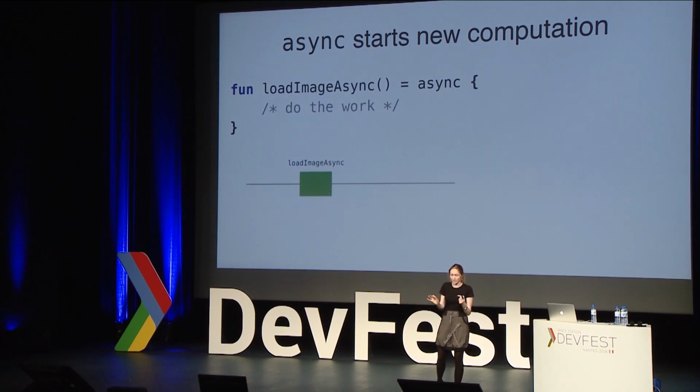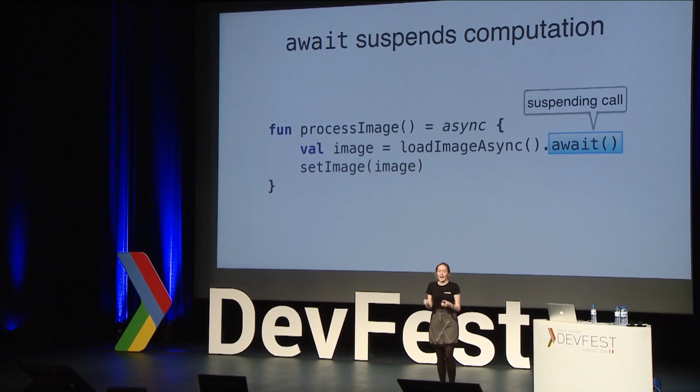We'll later discuss on which thread exactly it should start. And then when we call await on this asynchronous computation, that will mean that our process image computation will be suspended and later restored.